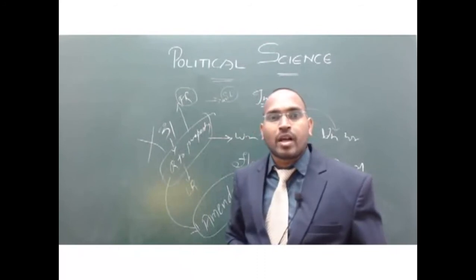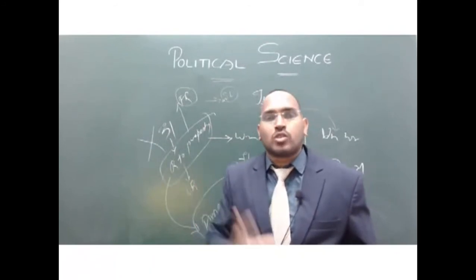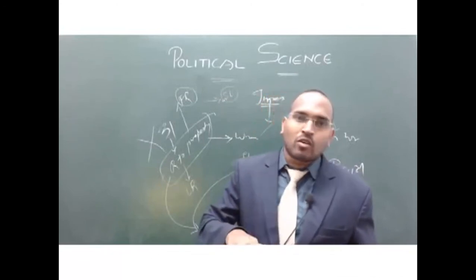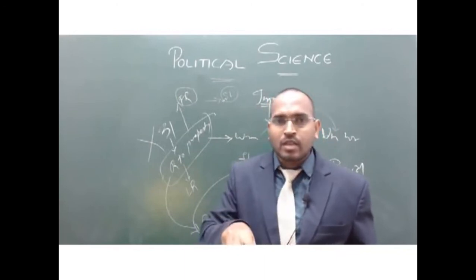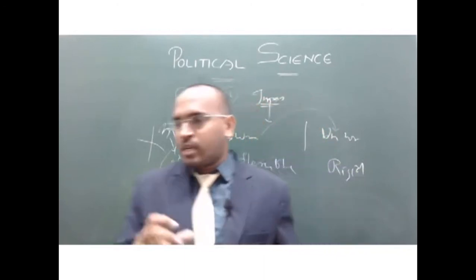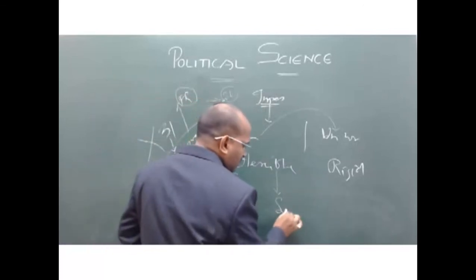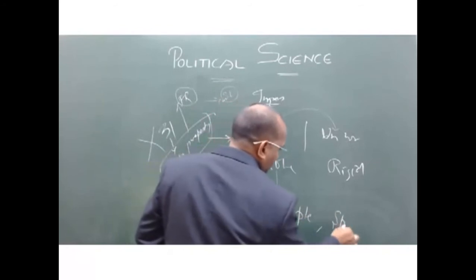It is nothing but the amendment. Amendment means changing the Constitution. In India, we can change the Constitution in many ways, that is, with a simple majority and with a special majority.